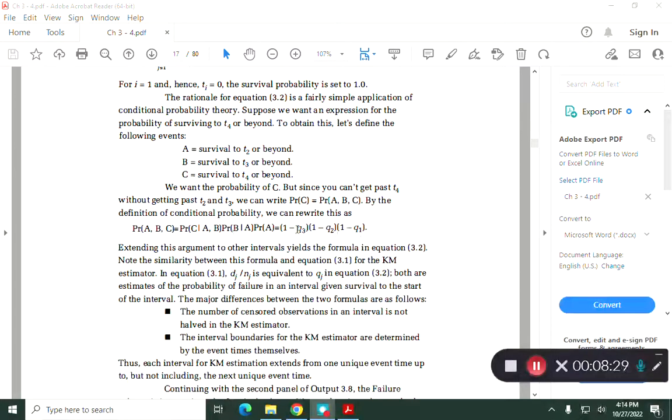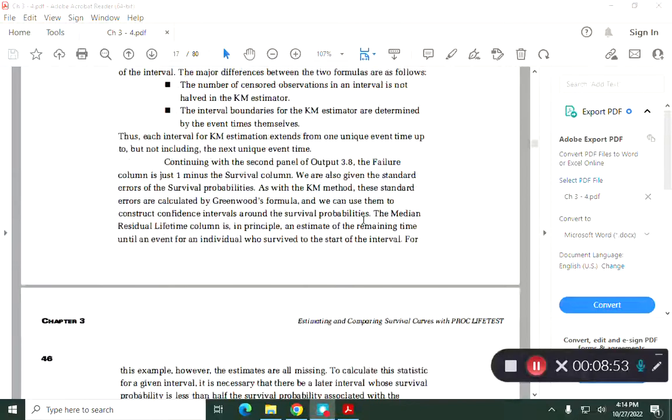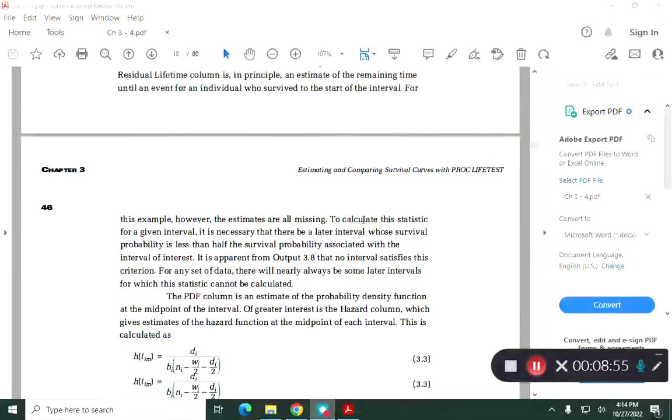When you're doing this, it's this event, and then on top of this event, and on top of this event. So we're having 1 minus Q1 times 1 minus Q2, and then 1 minus Q3. This is the way the expression is based on, okay?